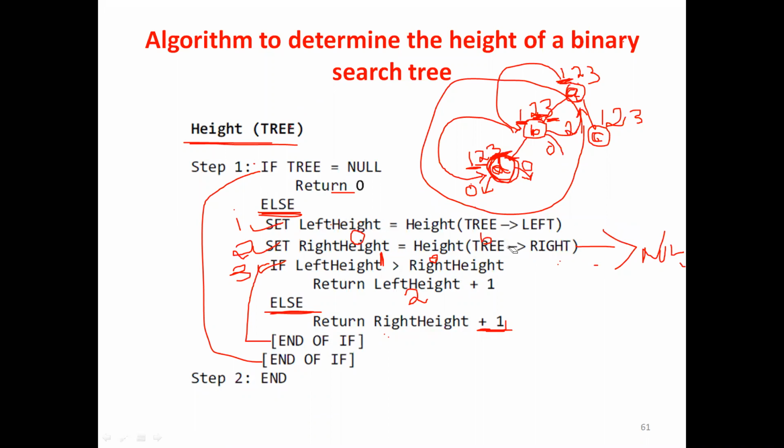Am I right or wrong? Because tree left is nothing but what? At this point only we left off, right? So 2 is stored. Others please reply.